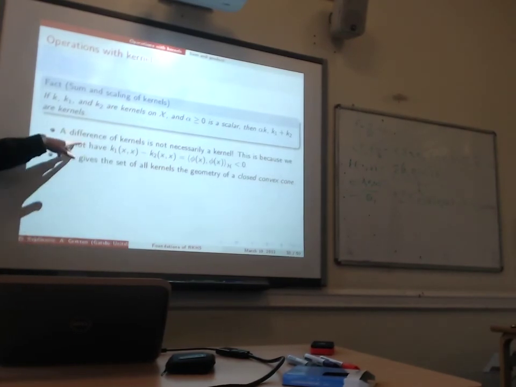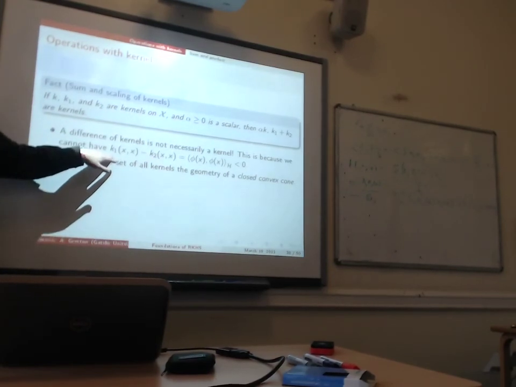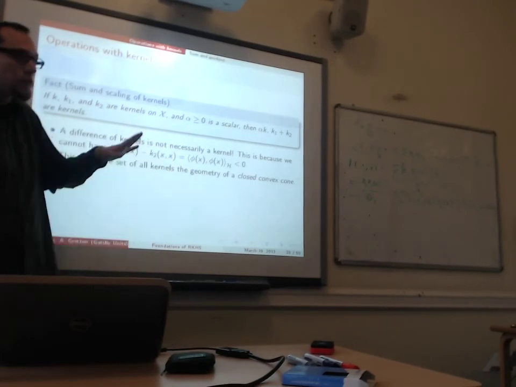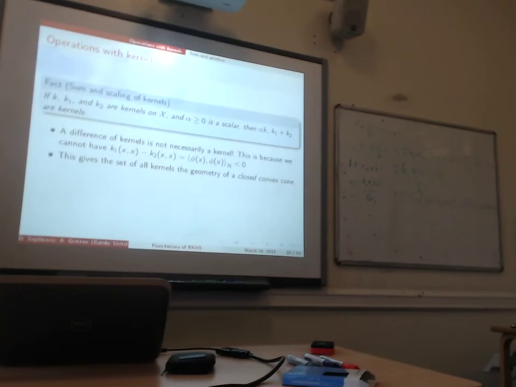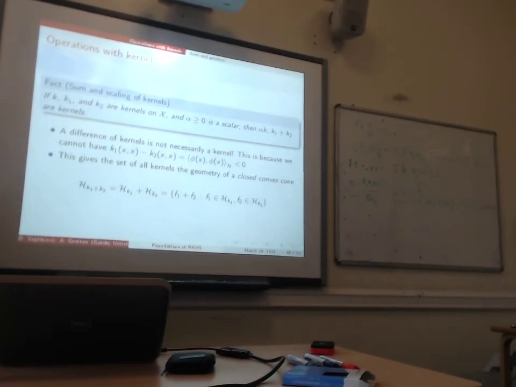If I construct a kernel as a difference between two kernels, it is possible that I will get something negative, if k2(x,x) is for some x smaller than k1(x,x). I cannot have that. So in general, a difference of kernels is not a kernel. So this means that the set of all kernels is a convex cone.